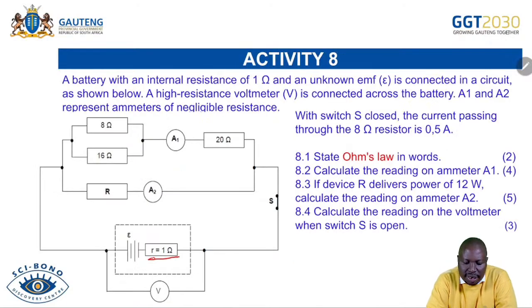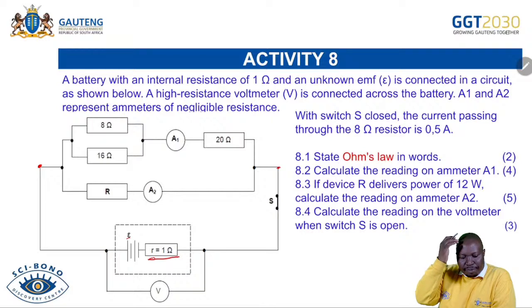So already, what does that mean? It means that if I was to read the V across all those parallel combinations there, it won't be equal to the EMF.